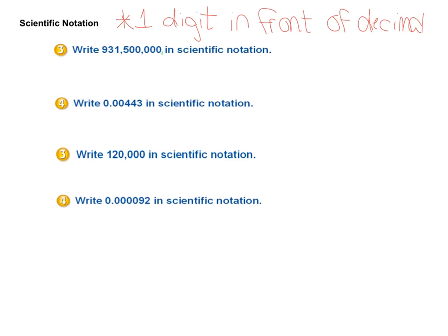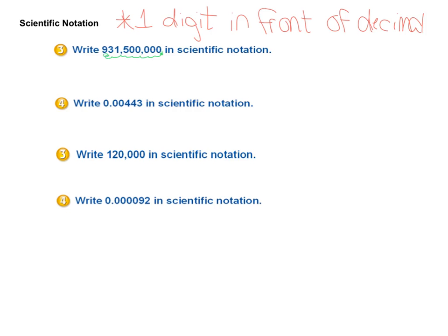Well, from any whole number, it's at the end, right? We only want 1 digit in front of the decimal, so the only one we can have is this 9. So we need to move the decimal from the back to right behind the 9. So we're going to swoopy over there, and we're going to count while we swoopy. We're going to swoopy 1, 2, 3, 4, 5, 6, 7, 8, right?